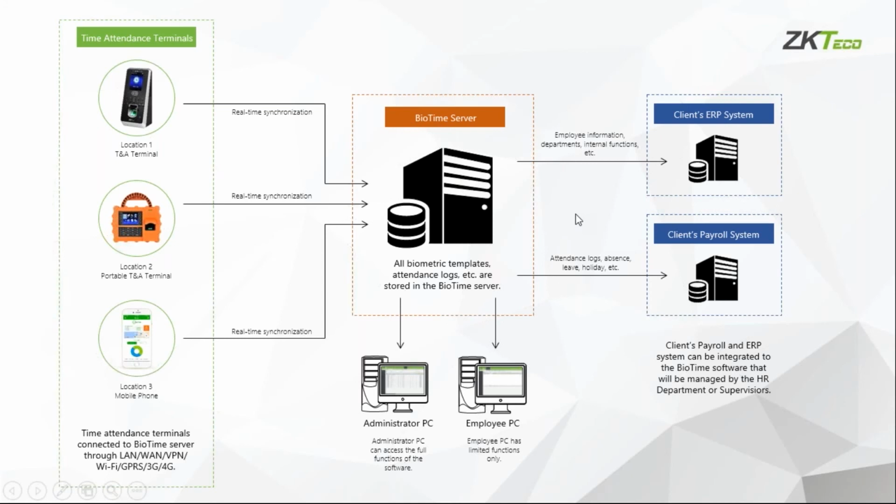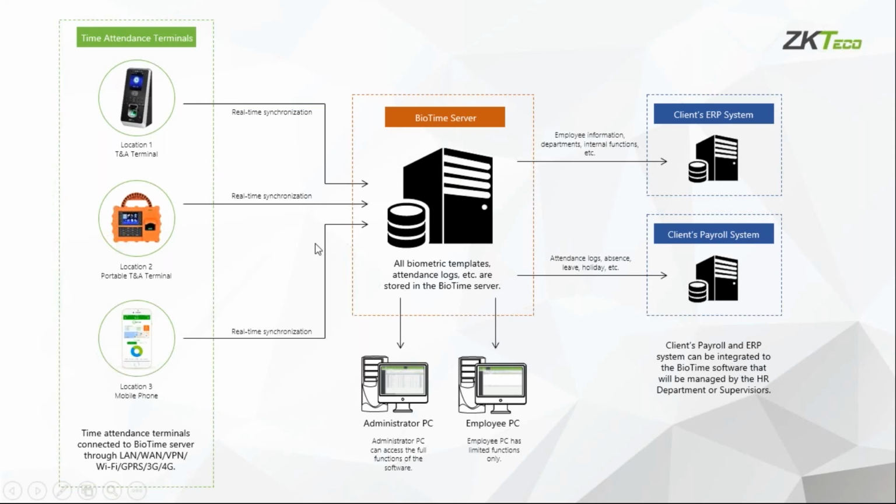The main attraction is that in the BioTime database, the check-in checkout table is open. So you can get the data and integrate it with an ERP like SAP or Oracle. You can integrate the attendance output into your ERP input. And you can connect machines from different locations using any type of connectivity.